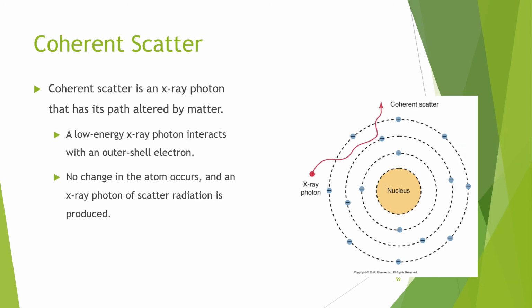Next, we have coherent scatter. Coherent scatter is when an X-ray photon has its path altered by the matter. The low energy X-ray photon interacts with an outer shell electron. No change in the atom occurs, and the X-ray photon still has energy, so it continues on, but in a new path. Coherent scatter is also known as unmodified scatter.